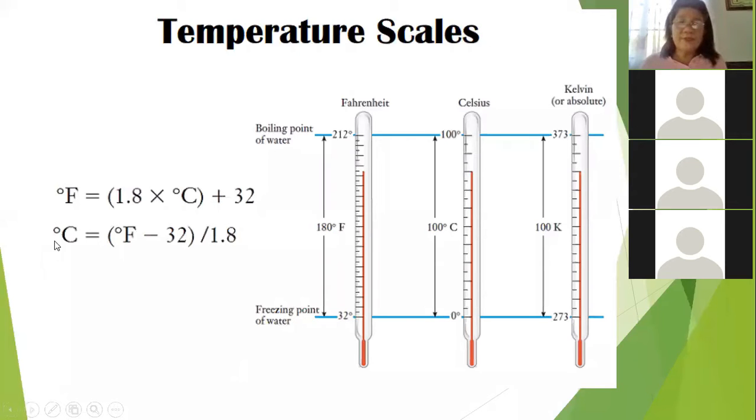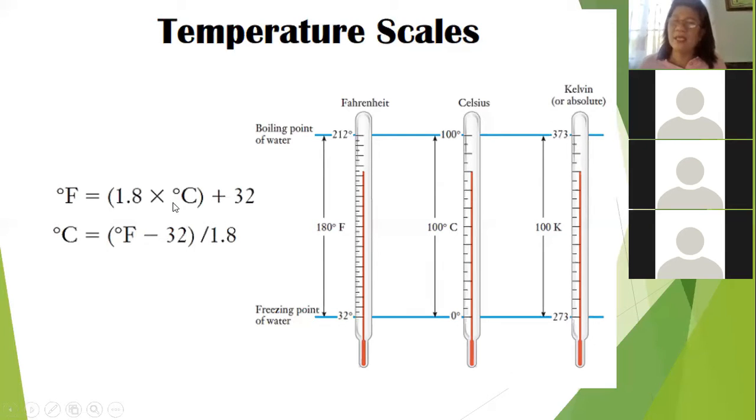Okay, so we have this conversion unit. I know that all of you had come across this during your senior high or even in grade 9 and grade 10, probably. So how are you going to convert if the given is in centigrade, this first formula, and what is needed is in Fahrenheit? Use this formula.